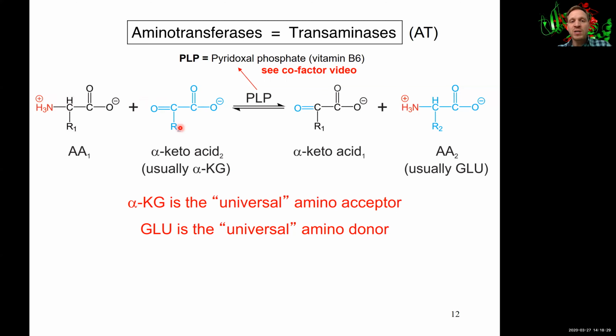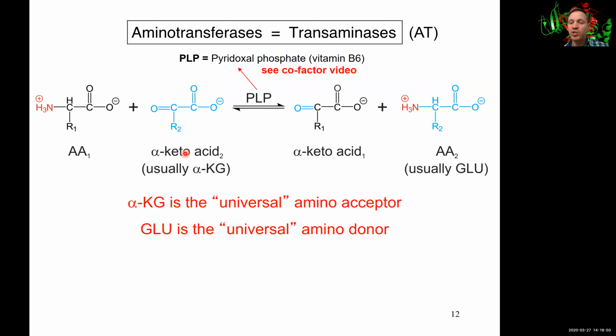Let's have a look, and we can use alpha KG and glutamate as examples, because in most reactions, especially when we're talking about amino acid breakdown, alpha KG will be the universal amino acceptor. It will be the most common metabolite to accept the amino group, and glutamate will be the universal amino donor.